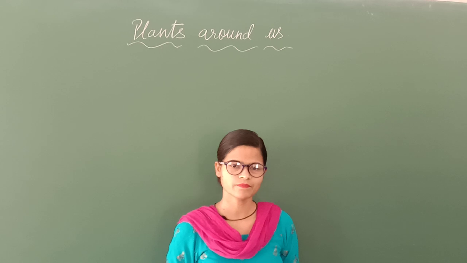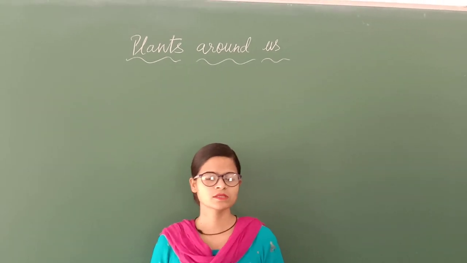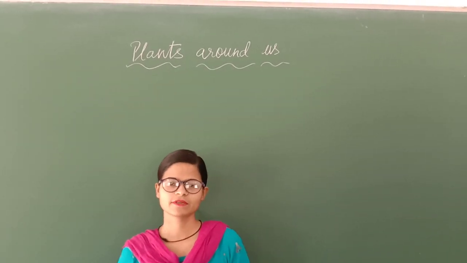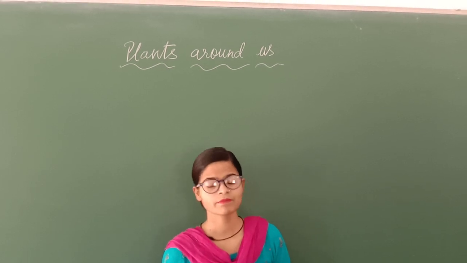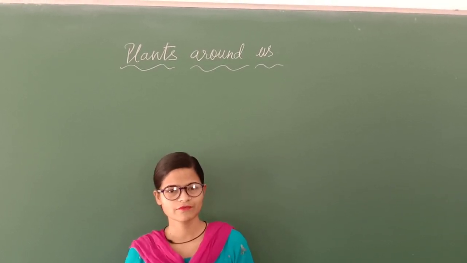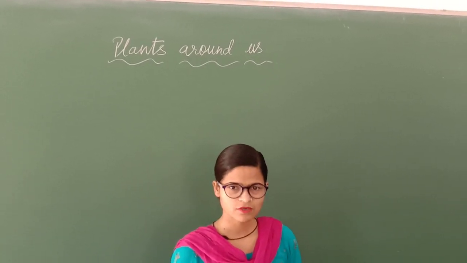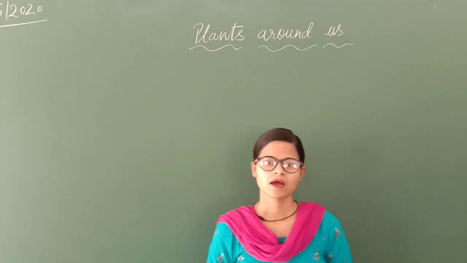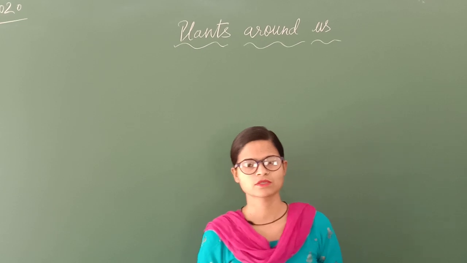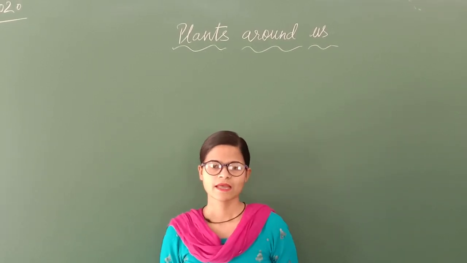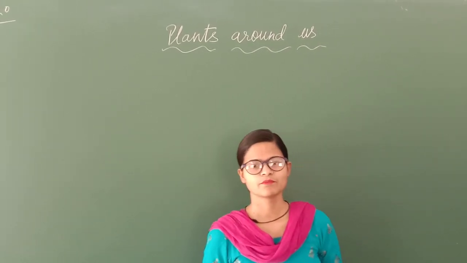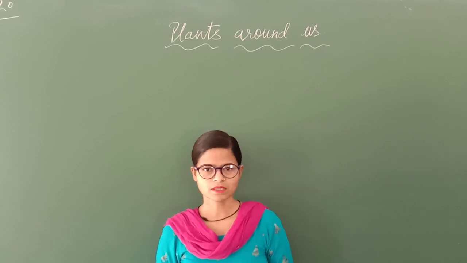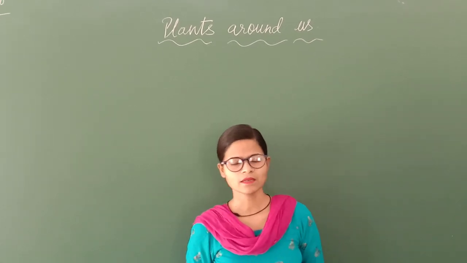In this video, Plants Around Us, we will learn about different types of plants. As in the previous video, we have learned the parts of a plant, so we will revise them. Number one part of a plant is the root. Then comes the stem, then branches, then bud, then flower and fruits.